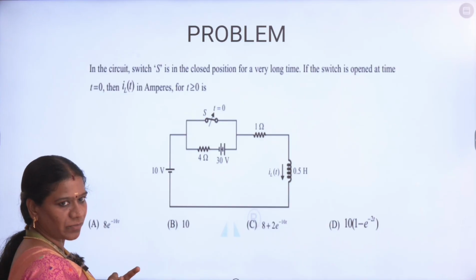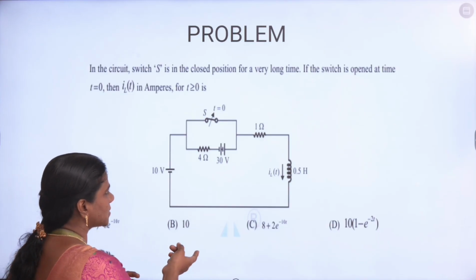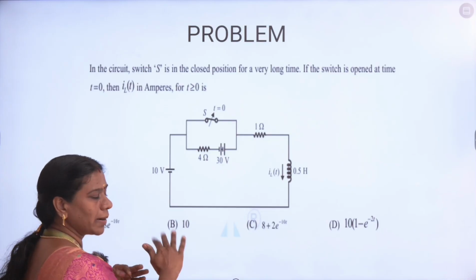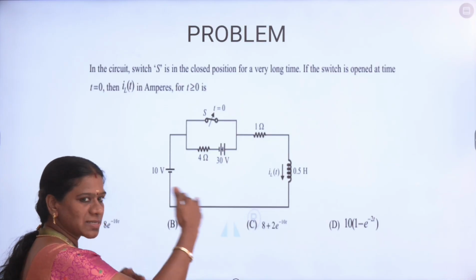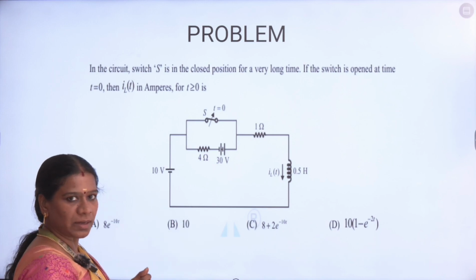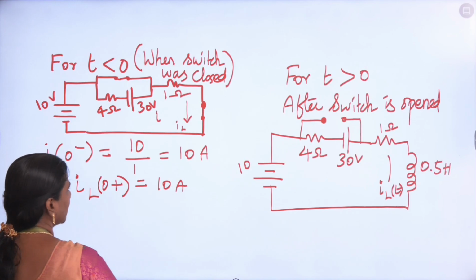That is the first condition we have to calculate. The second condition is just after switching, IL of 0 plus, and then IL of infinity. That is, in the steady state condition, what will be the current passing through the inductor. So there will be 3 different conditions.